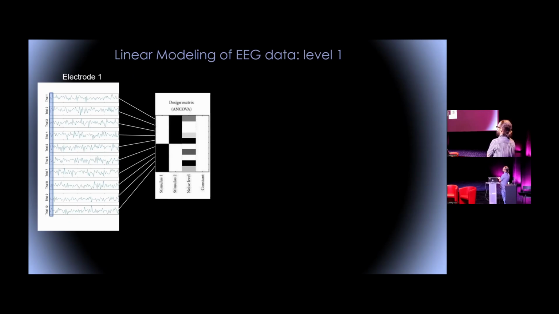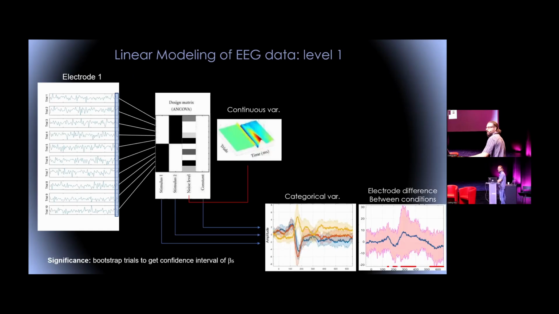So here we have our continuous factor. And then we also always have a constant in the model. So we apply this at time 1, then we do it again from scratch at time 2, time 3, time 4, time 5, time 6, etc. And then we can get the time course of our beta parameters.